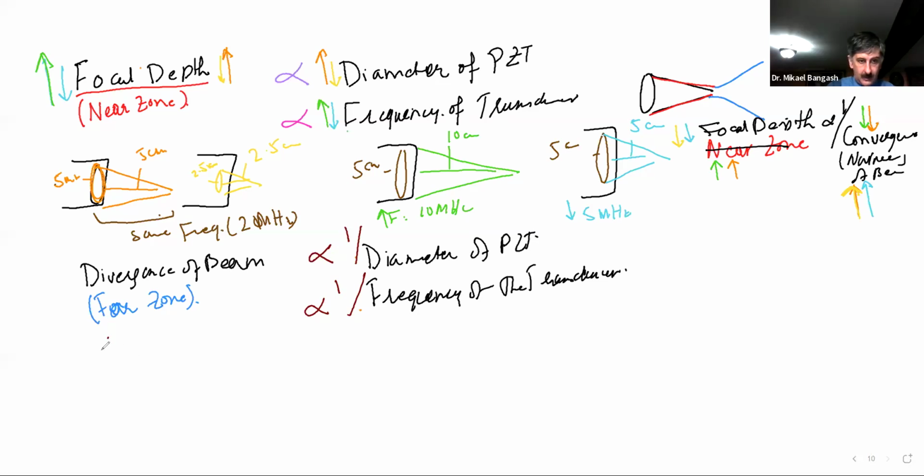Now we can say that we've got two transducers. Let's make it a little bit colorful so we can see.